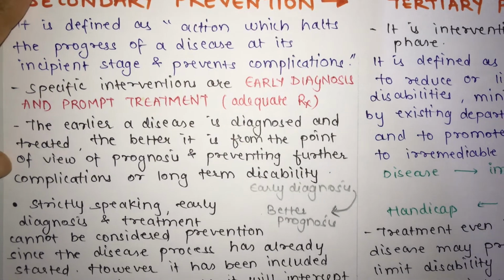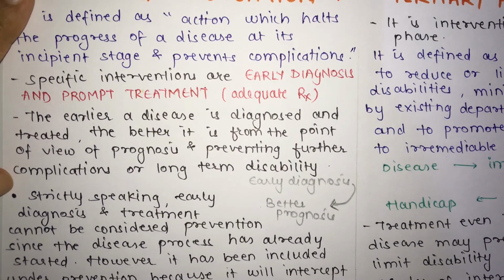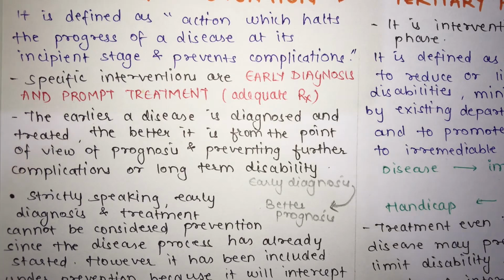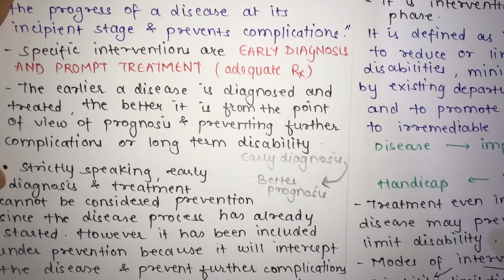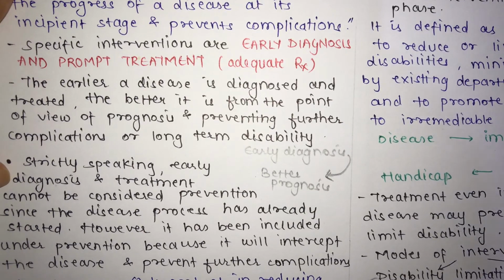Now strictly speaking, early diagnosis and treatment cannot be considered prevention. In proper terms, the person has got the disease, so what are we preventing? But since the disease process has already started, it has still been included in prevention because it intercepts the disease and prevents further complications.